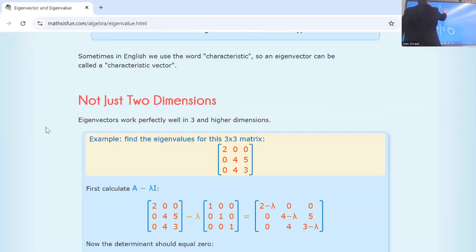We already know that the condition is this: determinant of the matrix minus lambda times the identity. This is what we do. The matrix minus lambda.